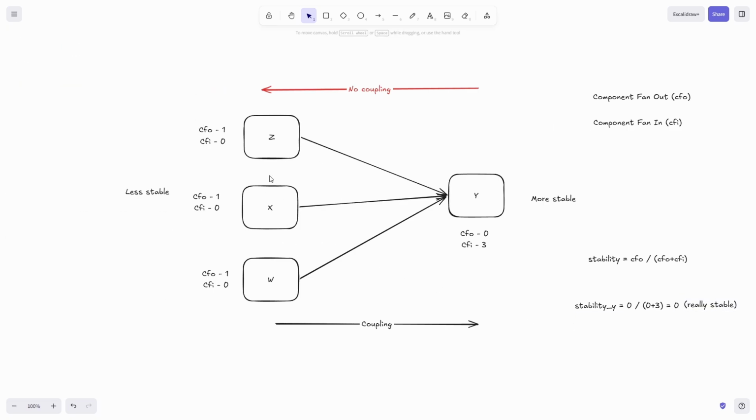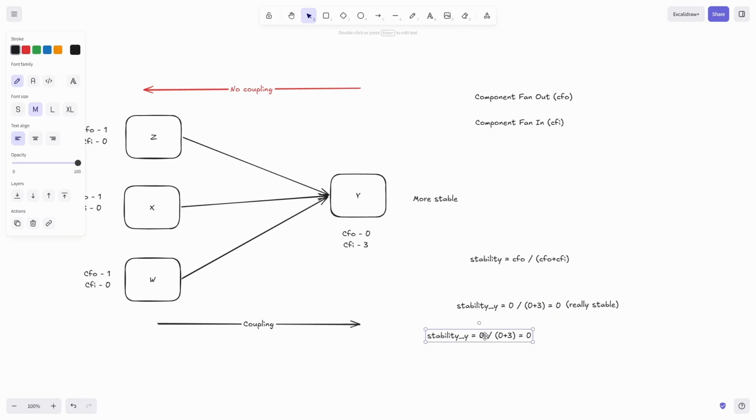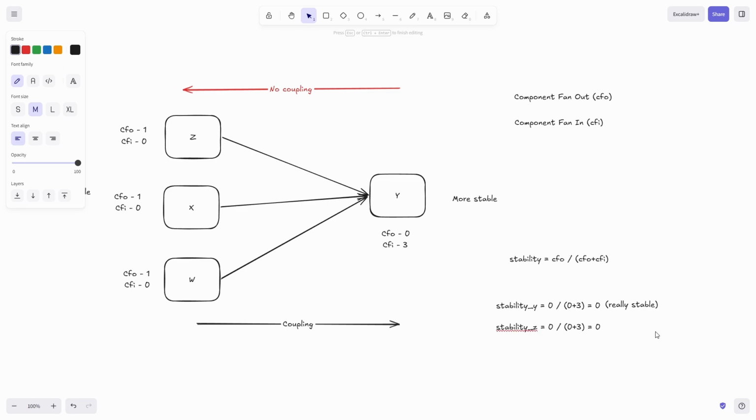By contrast, for example, z. The stability of z is how many it has as a fan out, which in this case is 1, divided by fan out plus fan in, and that will be 1. And as you can imagine, 1 means that it is really unstable. The range is normally between 0 and 1.